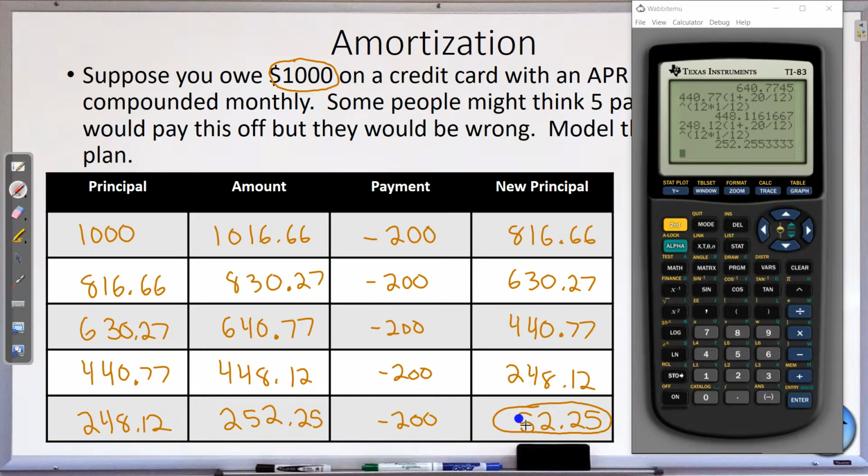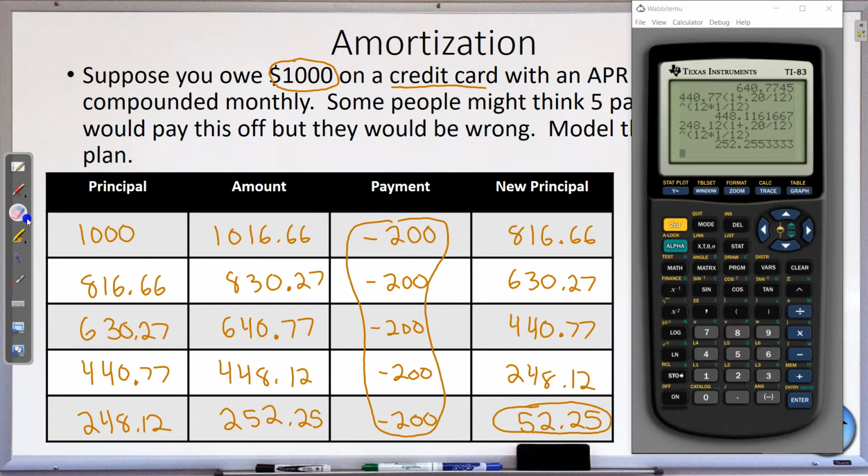So for the convenience of using their credit card to pay off this $1,000 over 5 months, they are charging me $52 total. That is your total amount of interest that's left over, because all my payments are that $1,000. I've now paid $1,000, but I still owe 52 bucks.